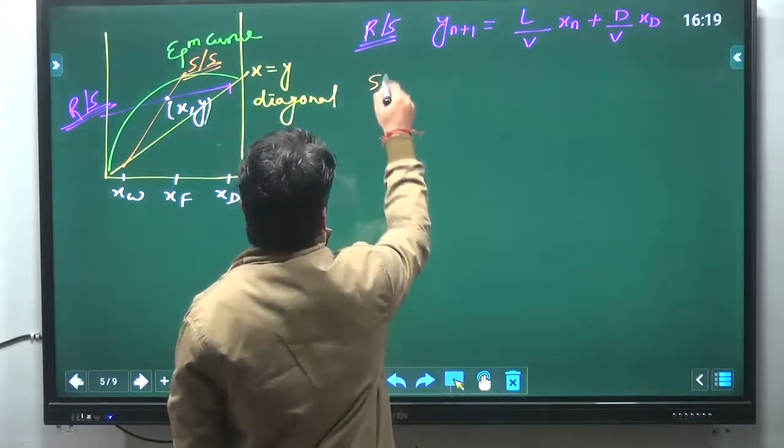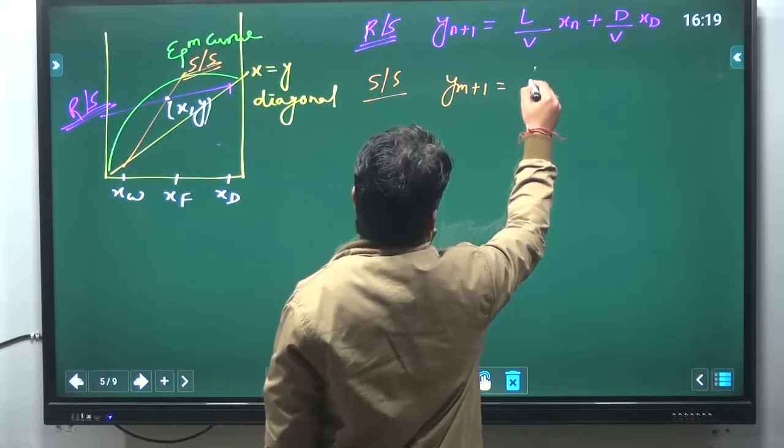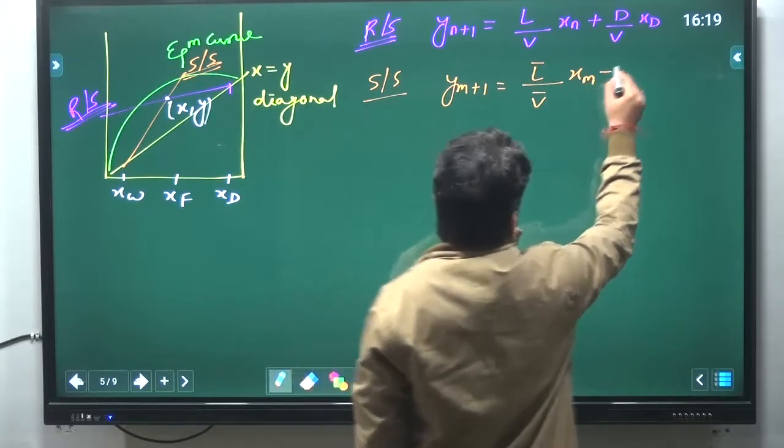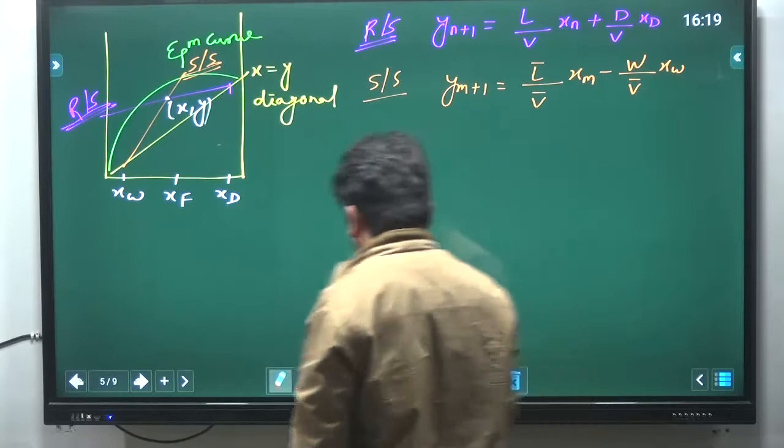For stripping section, ym plus 1 equal to L bar over V bar xm minus W over V bar xW.